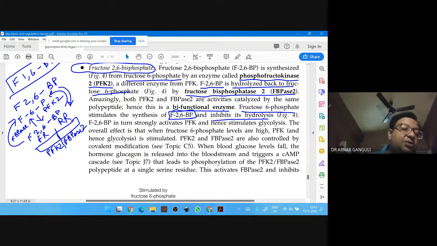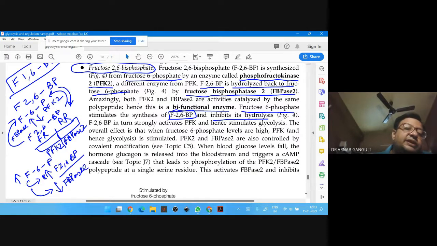So a high amount of fructose 6 phosphate stimulates formation of fructose 2,6 bisphosphate, and it inhibits the activity of FBPase 2. So this side is inhibited.